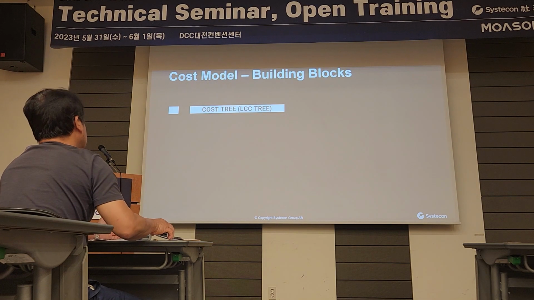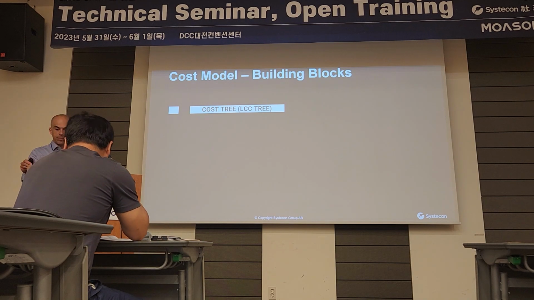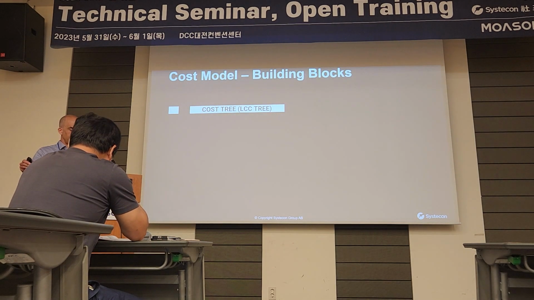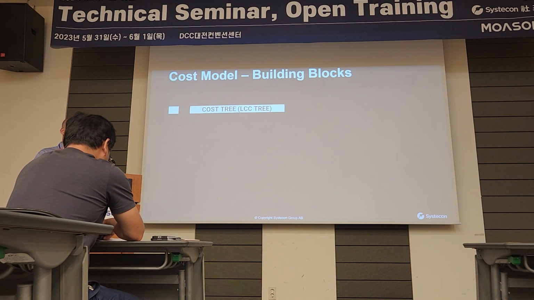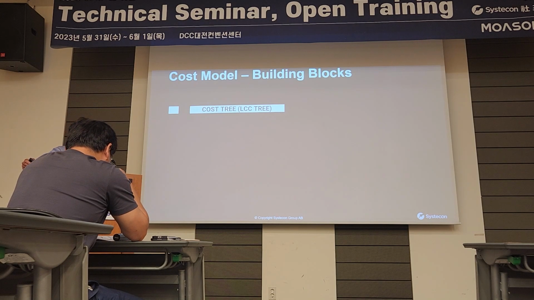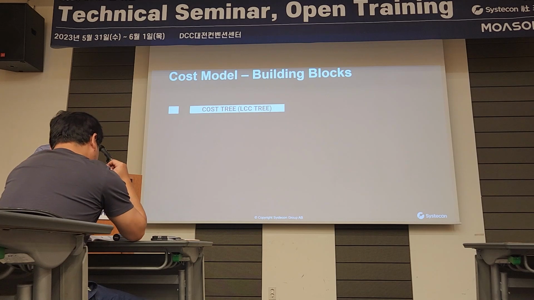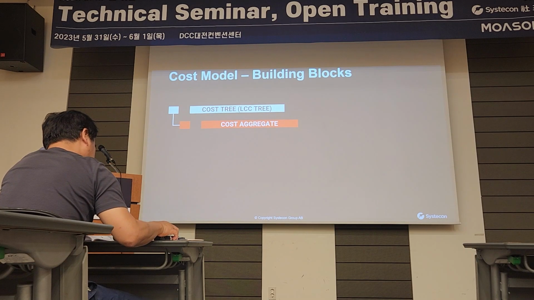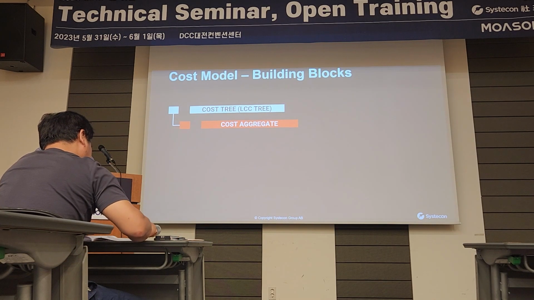Some of the building blocks in the CATLOC model. It's a hierarchical cost model breakdown. At the top you have the cost tree, and you can have several cost breakdown structures in one model. Then you have cost aggregates on one or more levels.